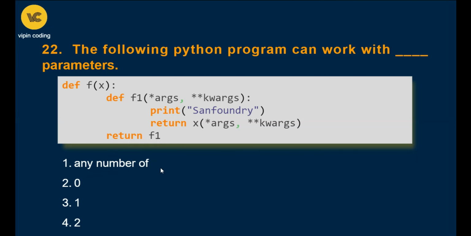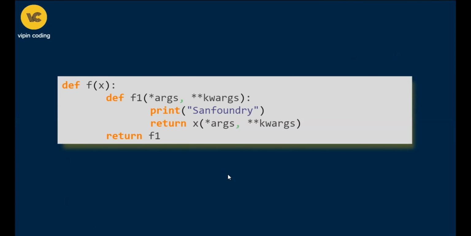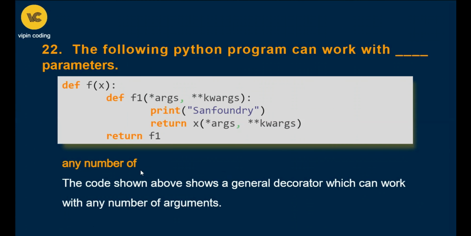Option 1 is any number of, second option is 0, third one is 1, and fourth is none. Then what is the answer for this question? Any number of. The code shown above shows a general decorator which can work with any number of arguments.